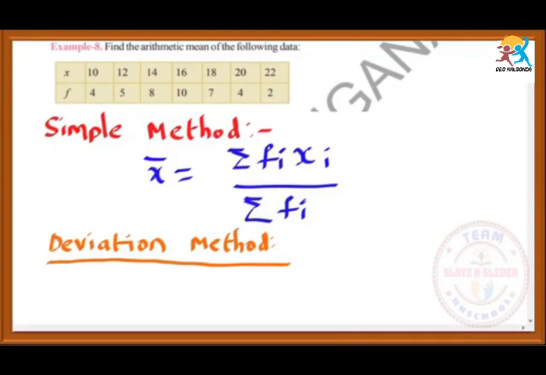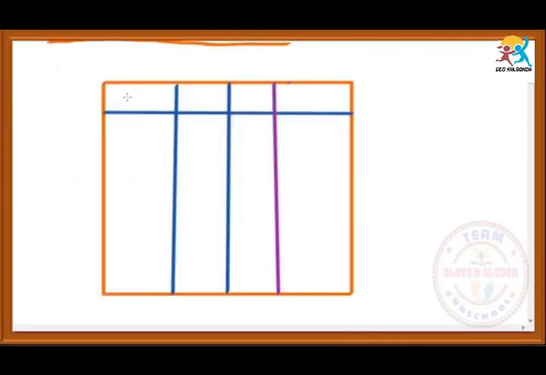So first, before that, we have to draw a table. Here we have to write x. This is f, that means we can write it as fi, and this is xi.